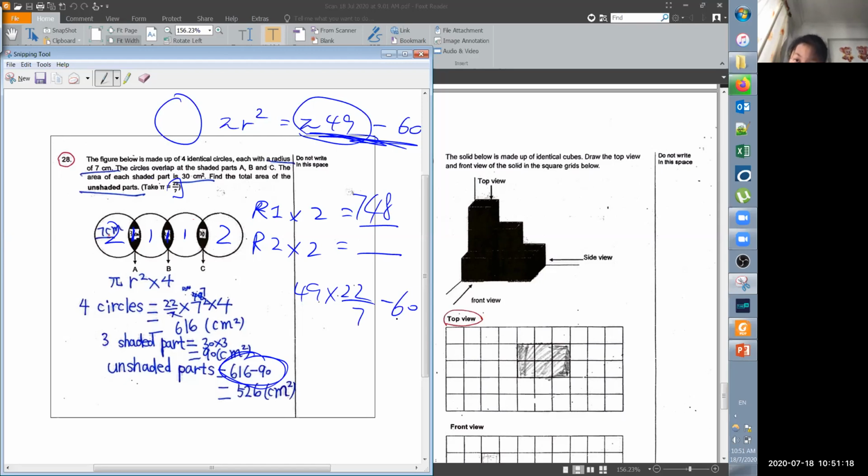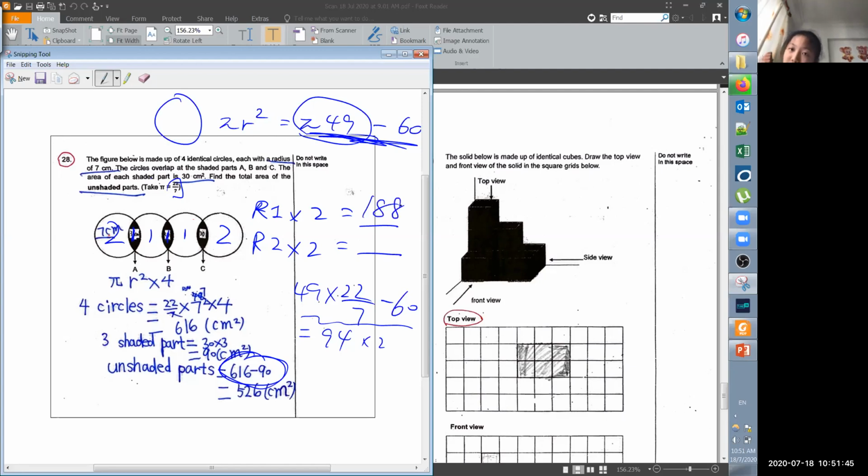I used 22 over 7. It's okay. Yeah. Just find this first. 94. This is 94. Yep. Okay. So this is 94. Then my times 2, so it's 188, right?